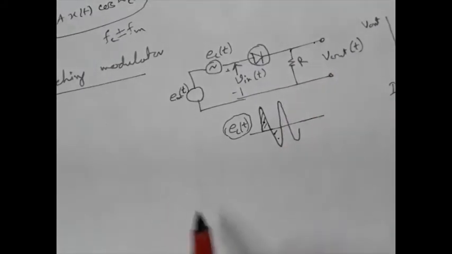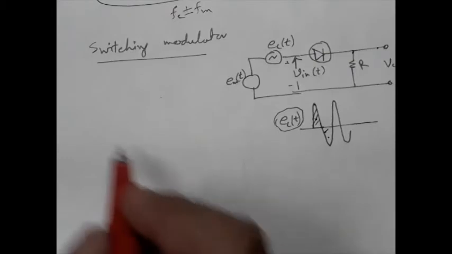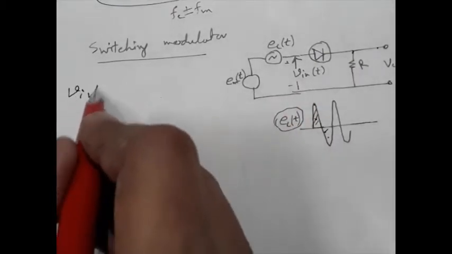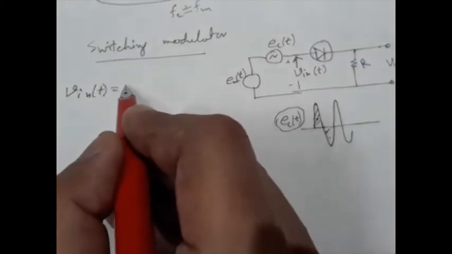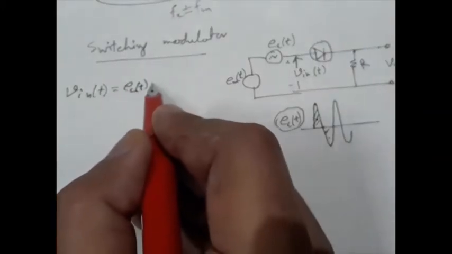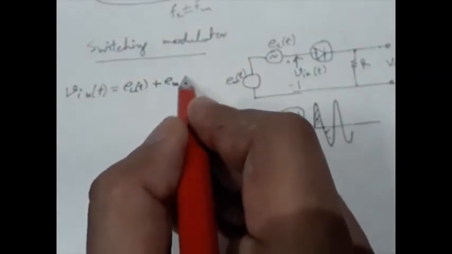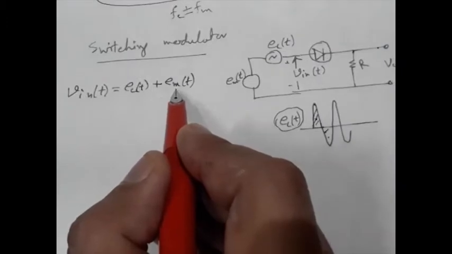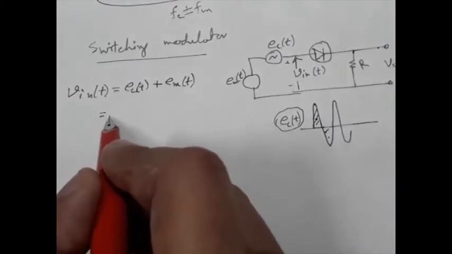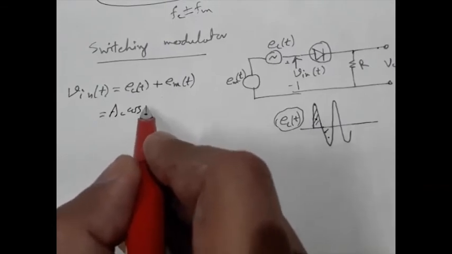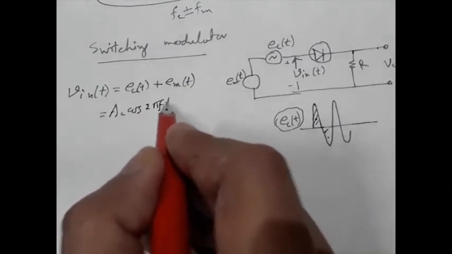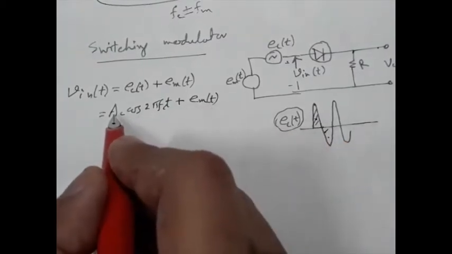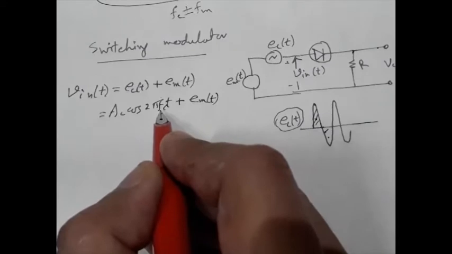So we can write, if V in is equal to the addition of two voltages, carrier and the baseband signal. Carrier is assumed to be sinusoidal, obviously. Ac is the amplitude and fc is the carrier frequency.